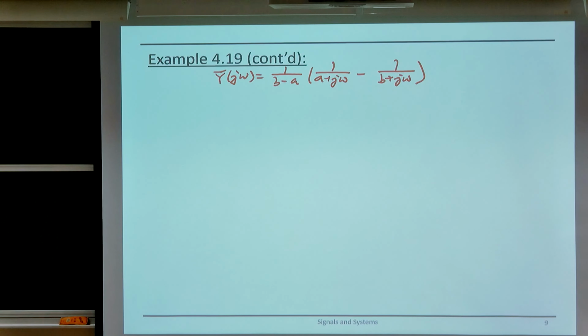So by inspection, we get y of t equal to 1 over (b minus a) times (e to the minus a t, u of t minus e to the minus b t, u of t).